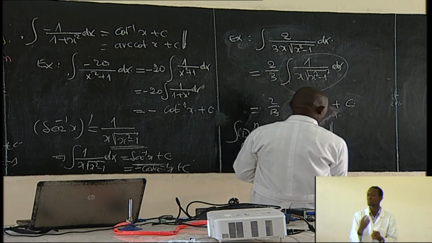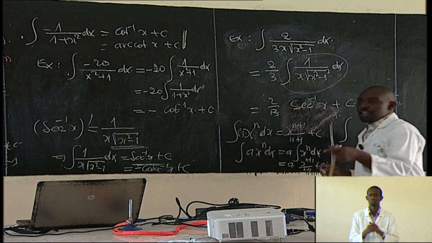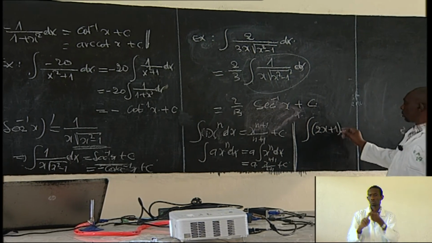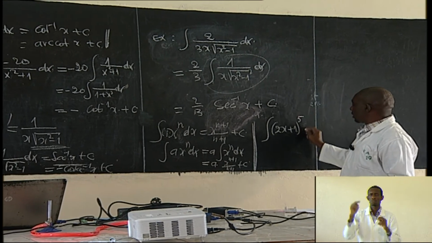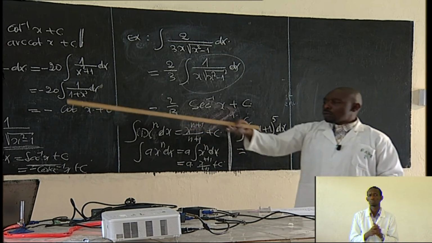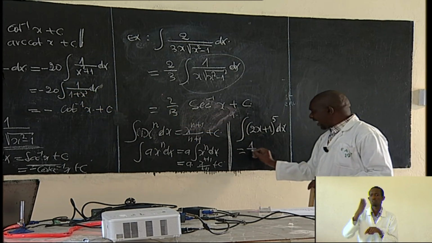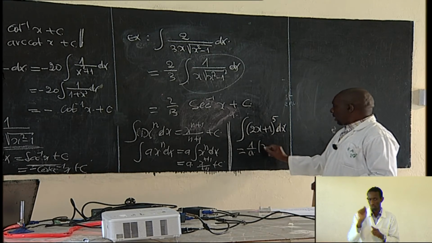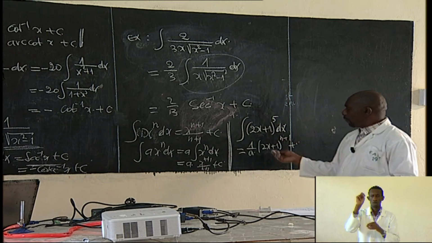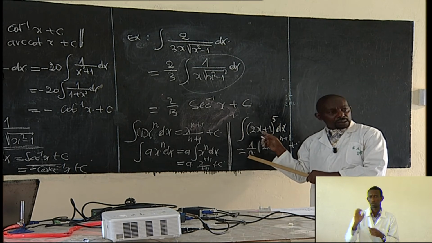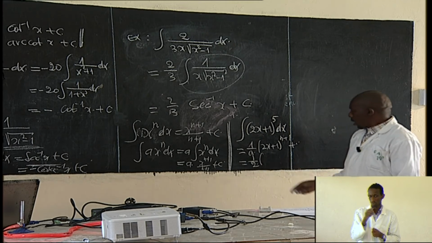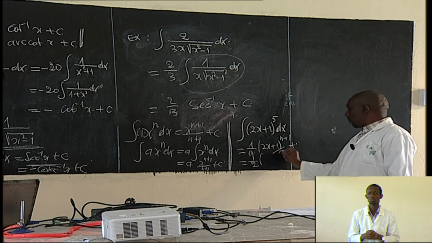In the case I have the integral of a linear expression like 2x plus 1 power 5, for instance, dx, according to the formula there, you'll be having 1 over a times 2x plus 1 power n plus 1 divided by n plus 1, plus c. For me, a is the coefficient of x, which means I have a half.